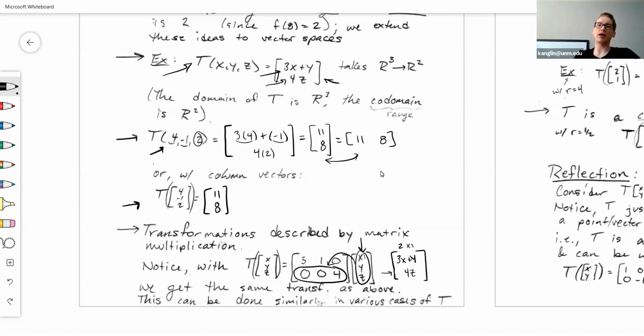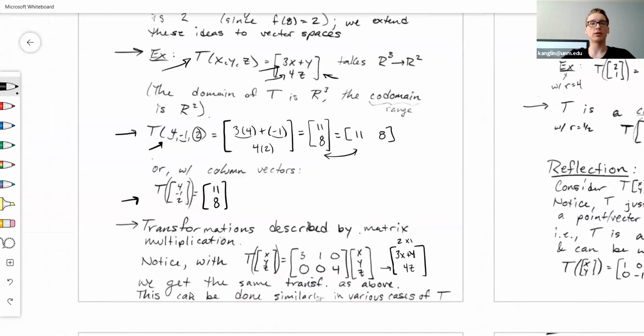So this is what we mean by a transformation that can be described by matrix multiplication, right? T, as we described it up here, it turns out could be described by multiplying the input by a constant matrix. So notice, just as I was saying, we get the same transformation as above. And really, this idea that some transformations, not all of them, that's important, not all of them, but some transformations, like this one up here, can be expressed as matrix multiplication.